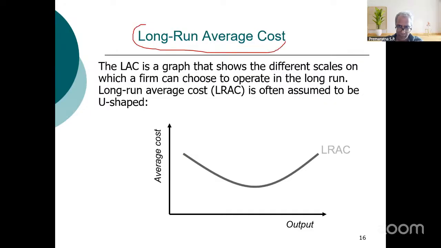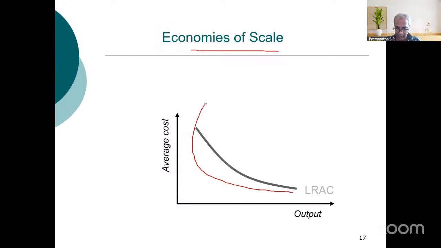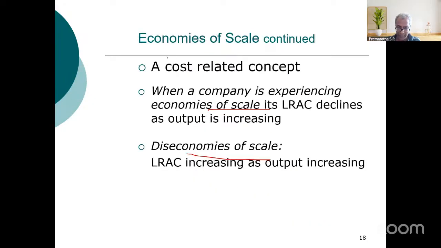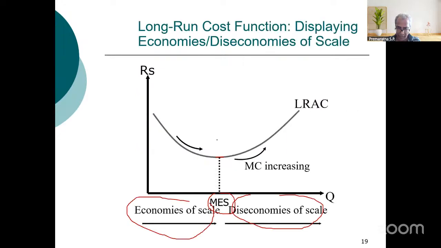Anyway, I started with this slide, particularly to explain economies of scale. I already discussed the average cost shape, and here you can see the economies of scale. So the full picture I already drew and showed.